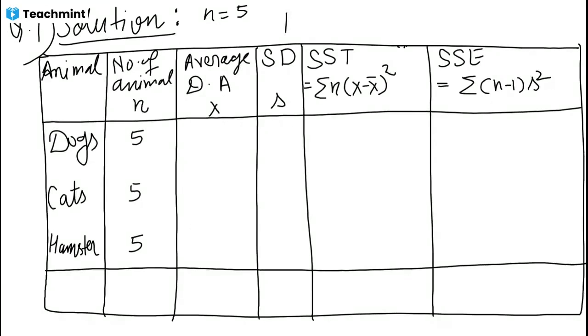So P is 3 because we have three types of animal. Then P is 3, and each has 5. Then n is equal to 5, and capital N, the total number of observations, is 5 plus 5 plus 5, so capital N is 15. Now we have here x: 12, 16, and 20.